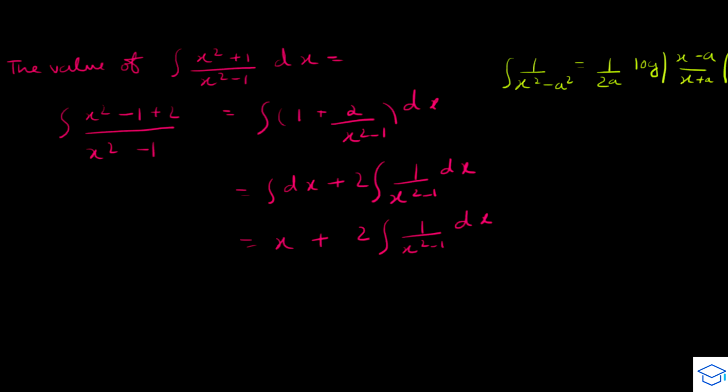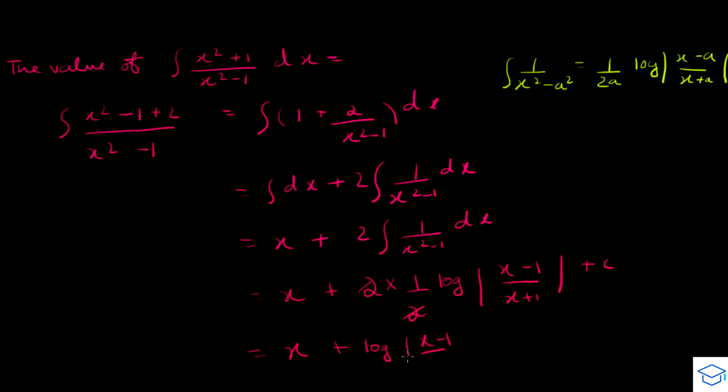So it is equal to x plus 2 into 1 by 2 log of (x minus 1) by (x plus 1) plus c. So these two get cancelled over here, so I'm remaining with x plus log of (x minus 1) by (x plus 1) plus c. So this will be your answer.